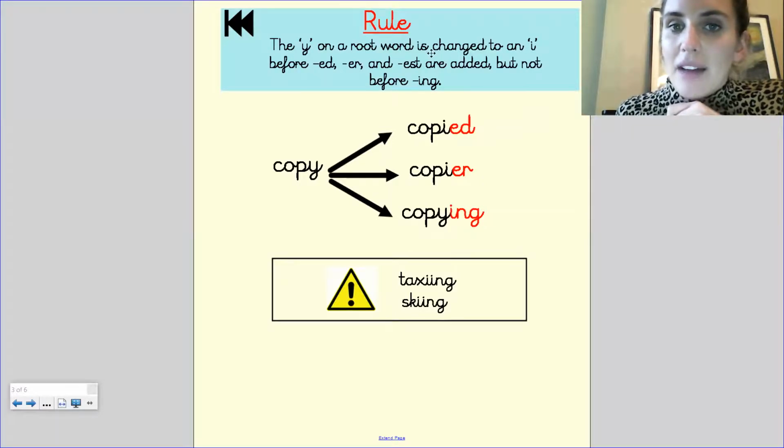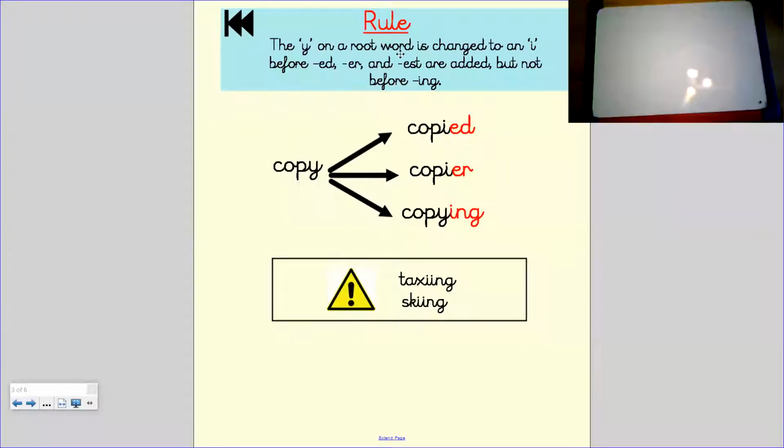We've had to apply that rule to create those new spellings. I'm just going to show you on my whiteboard how that has happened. So let's look at the first one first. So copy becomes copied. Okay, so I'm going to always start with my root word here. Copy. I'm adding the suffix ed.